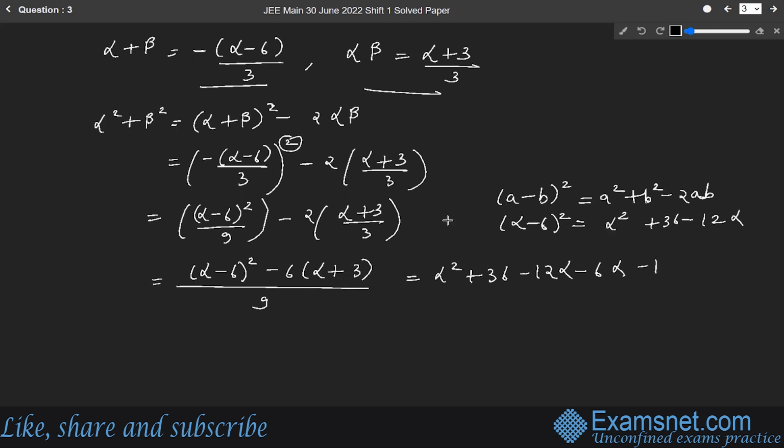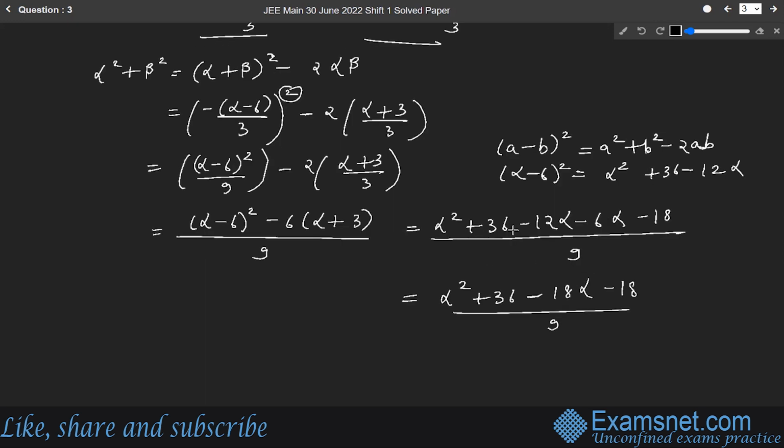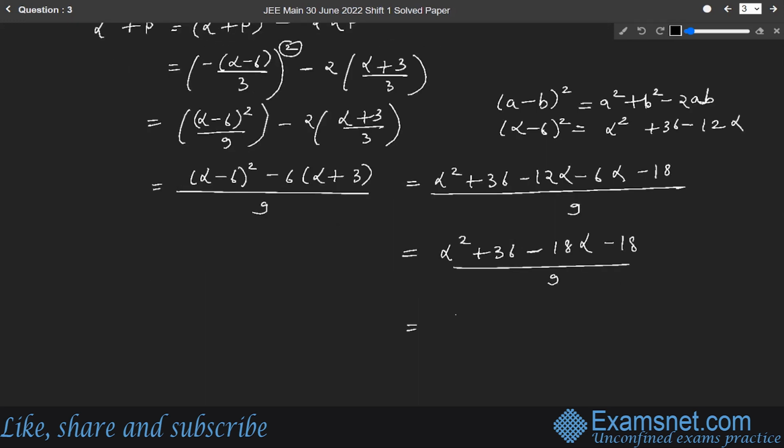Minus 6 into 3 is minus 18, divided by 9. So it will be equal to alpha square plus 36 minus 12 alpha and minus 6 alpha is minus 18 alpha, minus 18, divided by 9. All right, so this is equal to alpha square minus 18 alpha plus 18. 36 minus 18 is 18, divided by 9. Now you can see that the numerator consists of two terms, alpha square and minus 18 alpha. Okay.